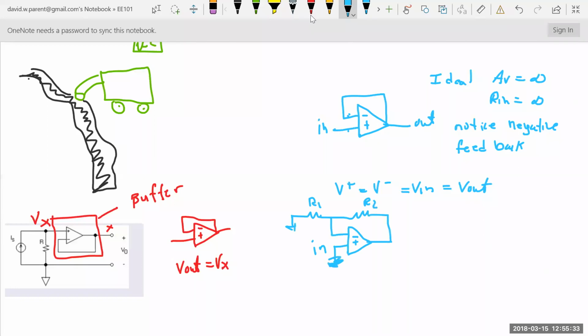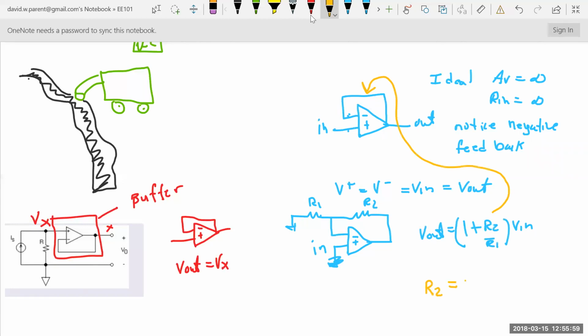You use whatever analysis technique you need, but V out equals 1 plus R2 over R1, Vn. Now, R2, it's a wire, right?